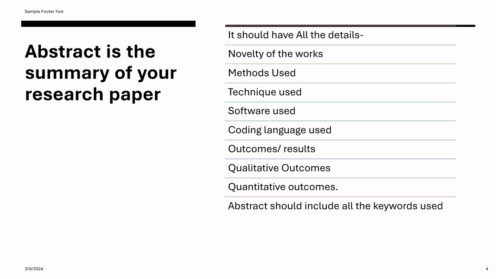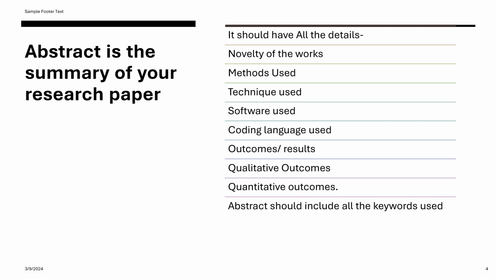Abstract should include all the keywords. These are some points which no one is going to tell you. In the abstract you have to write certain keywords, 5 to 6 keywords in your research paper, and you have to mention all the keywords in your abstract. This is a kind of mandatory thing, and usually these kind of objections occur.